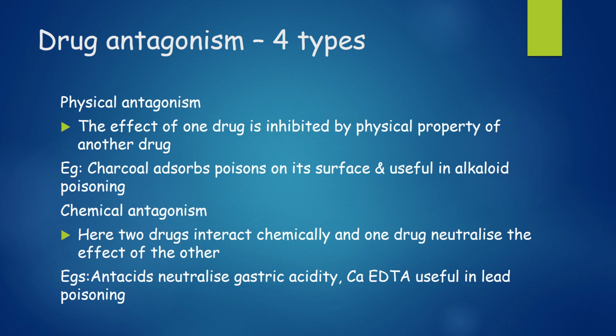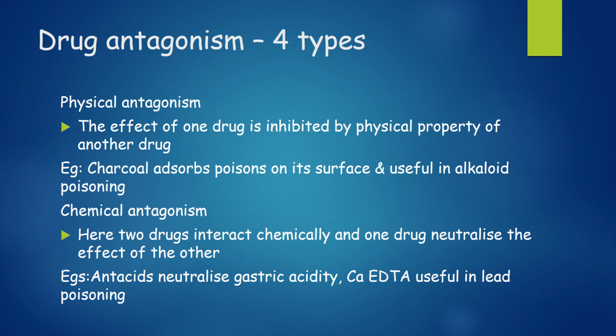Okay. Next is chemical antagonism. Again, the chemical thing I have already told, the neutralization of the drugs. Here the two drugs interact chemically and one drug neutralizes the effect of the other. So, when we are combining drug A and drug B, the effect of drug A is decreased by drug B due to its chemical activity. Same way, antacids neutralize the gastric acids.